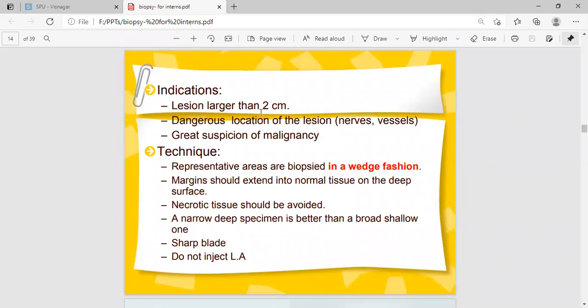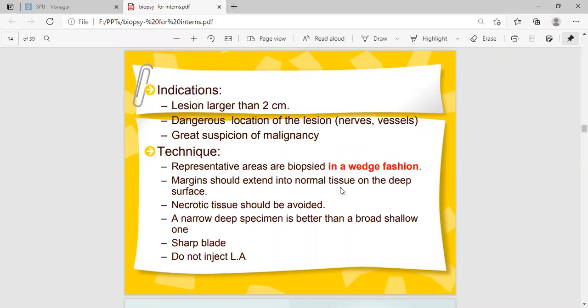Indications: lesion larger than 2 centimeters, dangerous location of the lesion, very close to nerves or vessels, so you want to see whether it really needs the sacrifice or removal of those vital structures. Great suspicion of malignancy.